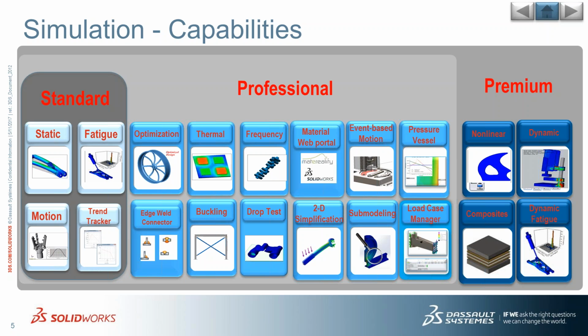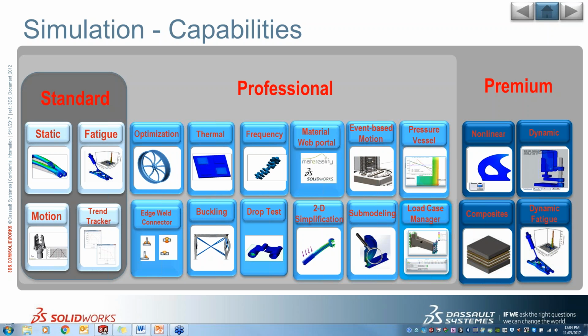And specific for today, we're talking about Trend Tracker. In SOLIDWORKS Simulation Standard, we have an intuitive tool called Trend Tracker, which is available for evaluating the impact of successive design changes on product performance.